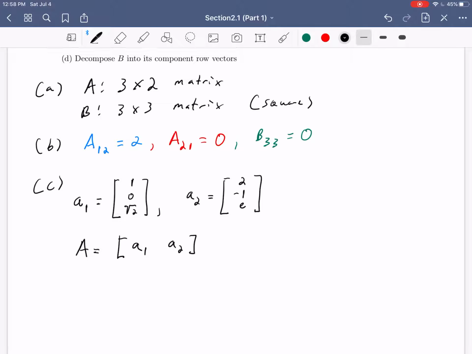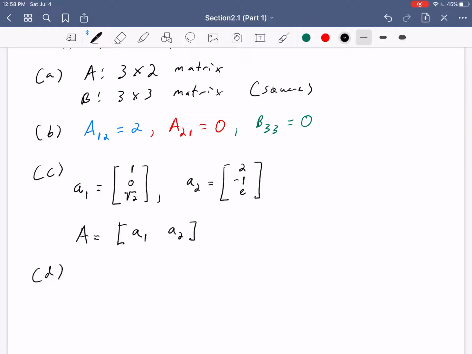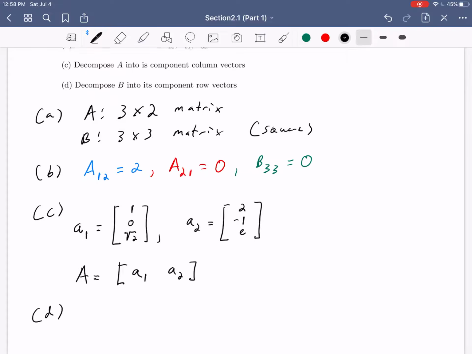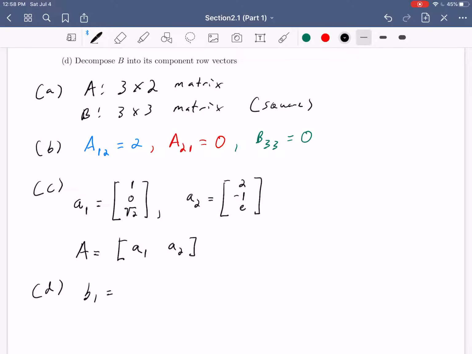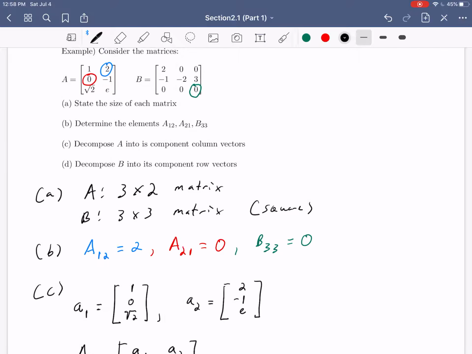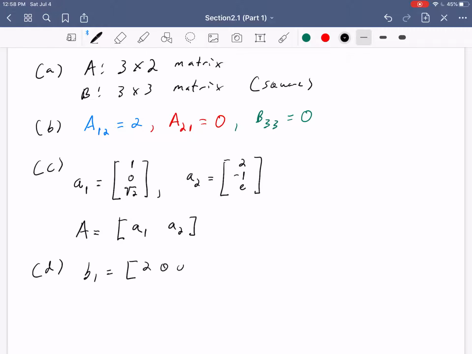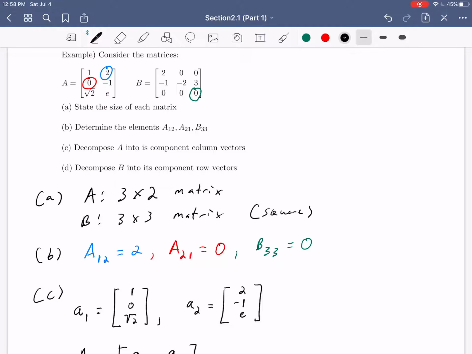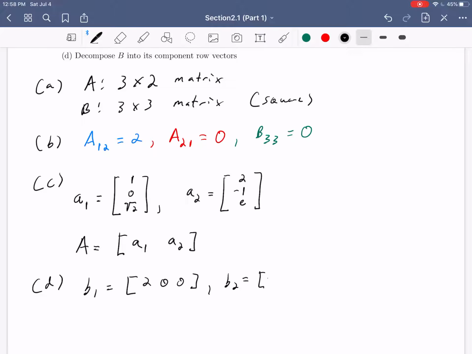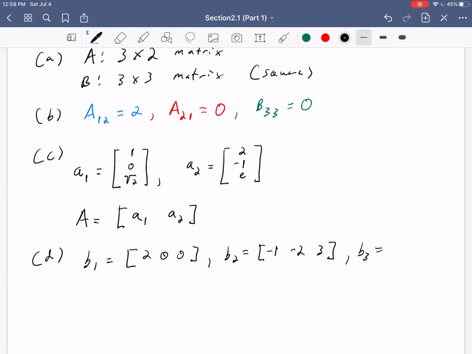We can also decompose matrices into their row vectors, and you can do it either way. So for B, we'd have B1 be equal to 2, 0, 0, and then B2 would be -1, -2, 3, and then B3 looks like it would be a 0 vector, so 0, 0, 0.